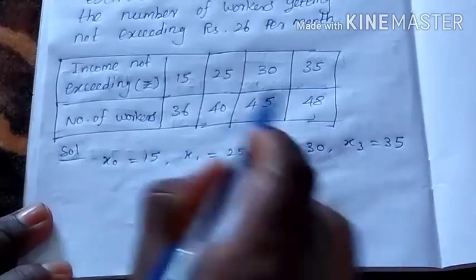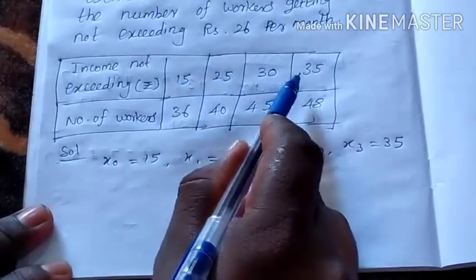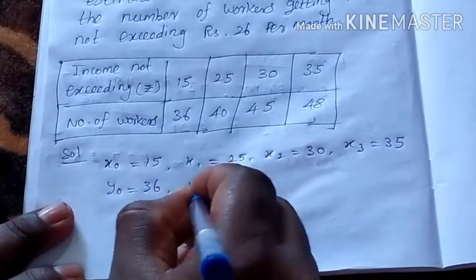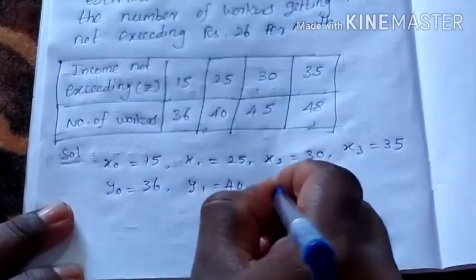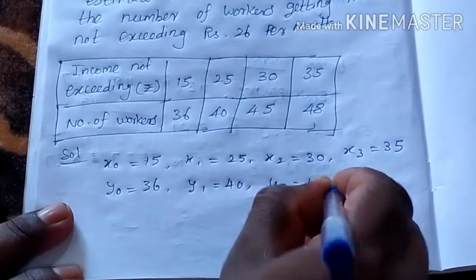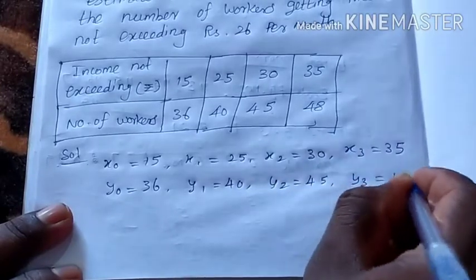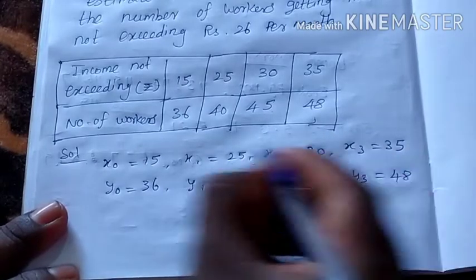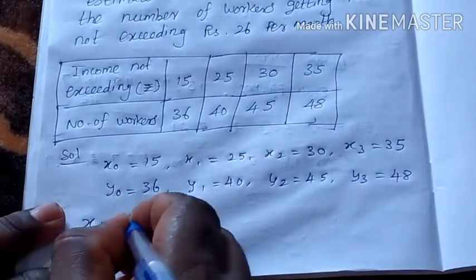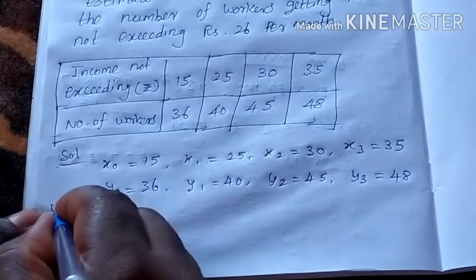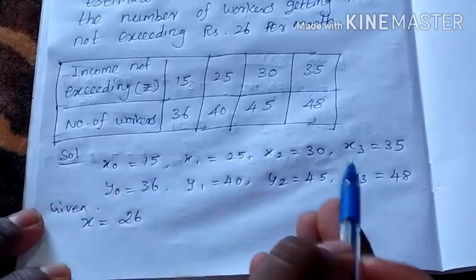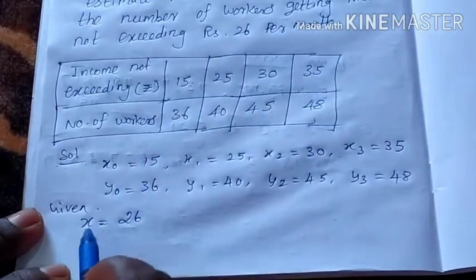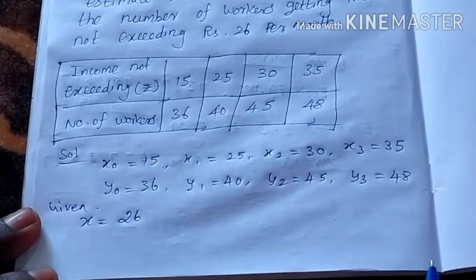In the same manner, y0 is equal to 36, y1 equal to 40, y2 equal to 45, and y3 equal to 48. Then x is equal to 26, which is given in the question: not exceeding rupees 26 per month.